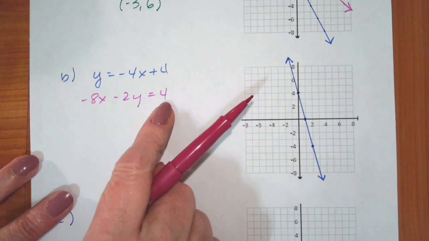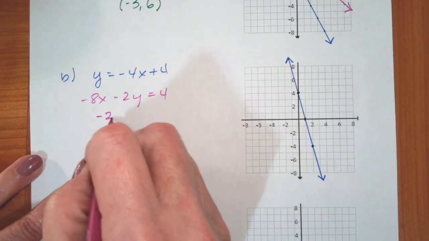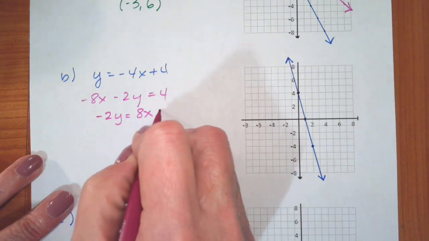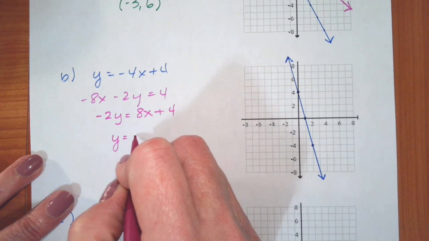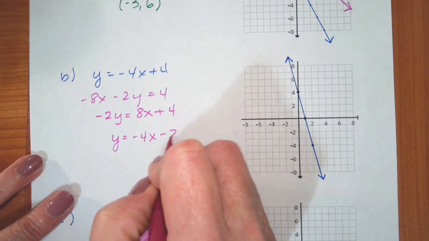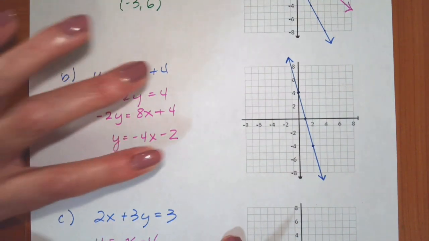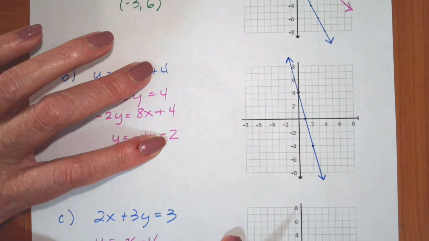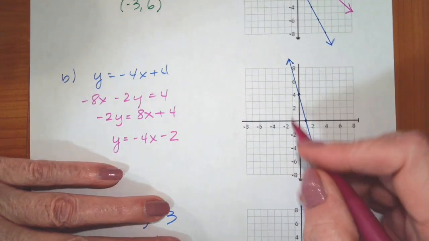Okay. This one's not in slope-intercept form, so I'm going to add 8x to both sides, divide by negative 2, and I get y equals negative 4x minus 2. Okay, same slopes, different y-intercepts. That already tells me there's no solution, that the lines are parallel. But you need to graph the lines anyway.